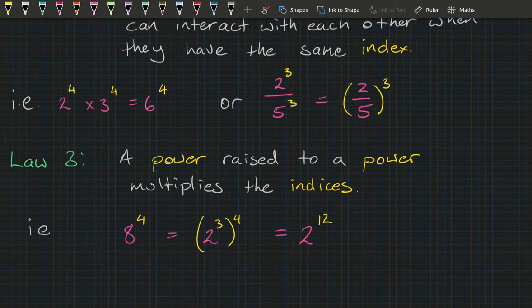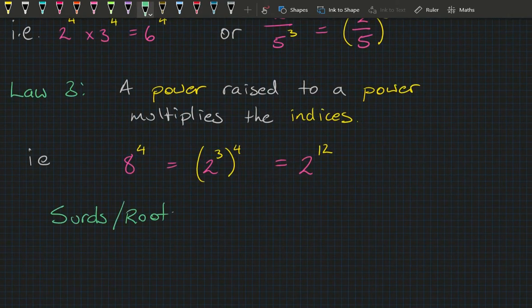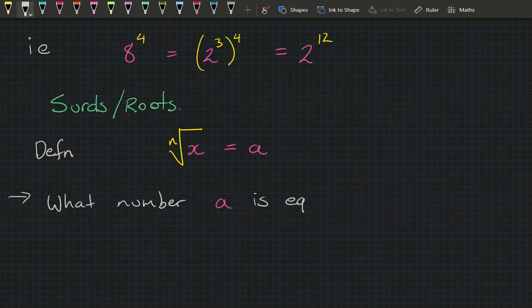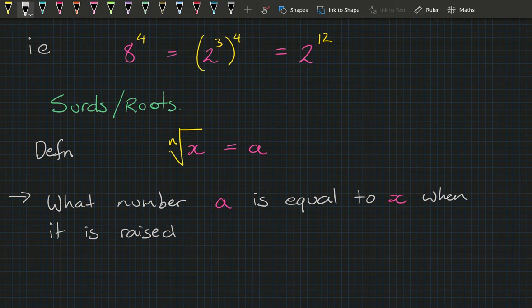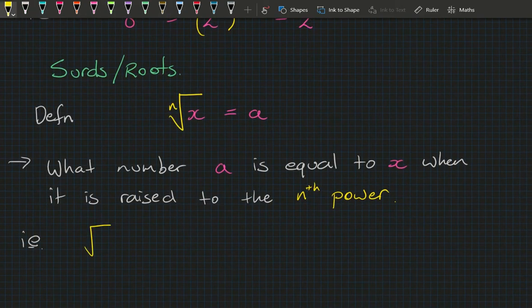And finally, the other concept we need to recall from the first unit are those surrounding surds and roots. And as you know, the definition of the expression the nth root of x equals a is what is the number a that is equal to x when it's raised to the nth power. Or in other words, the nth root of x equals a is true when a to the n equals x.